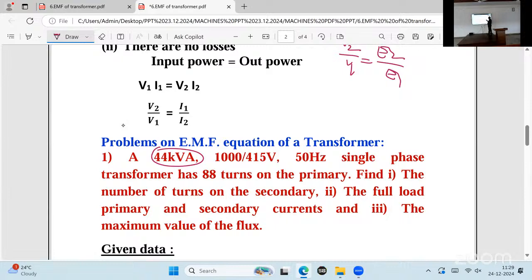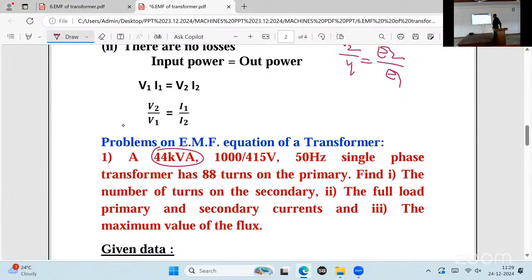A 50 Hz single phase transformer has 88 turns on the primary. Find, first one, the number of turns on the secondary. This is one type of design.